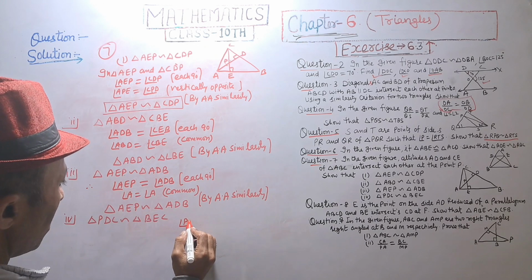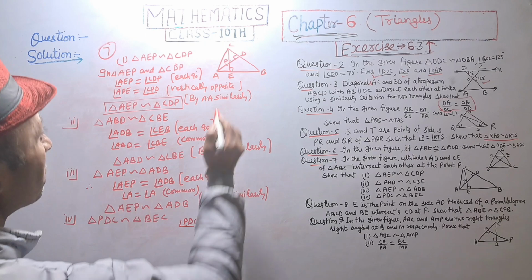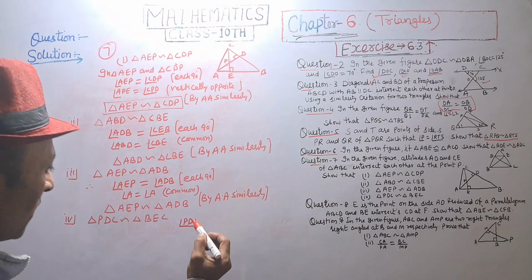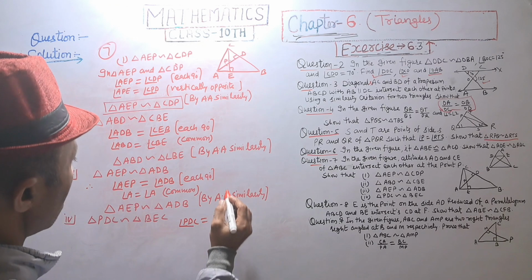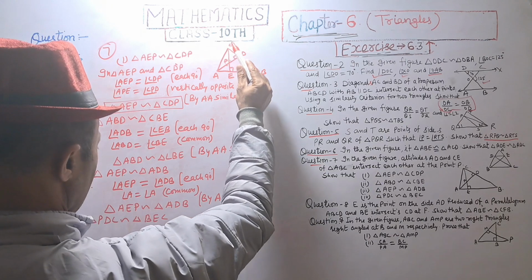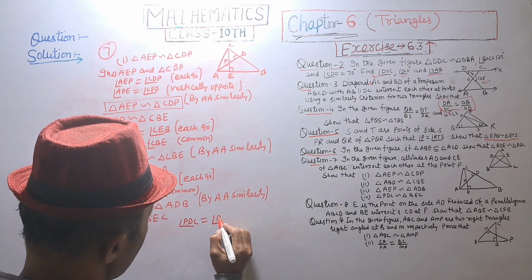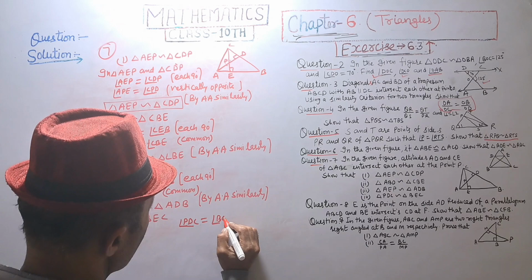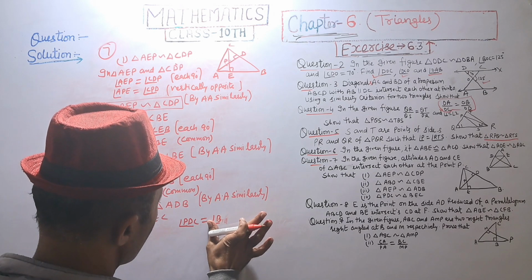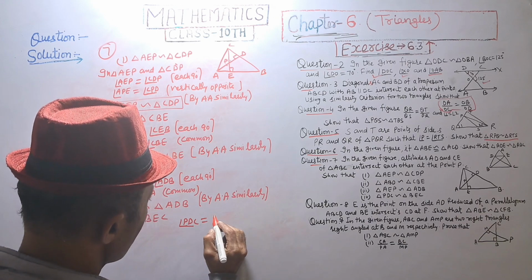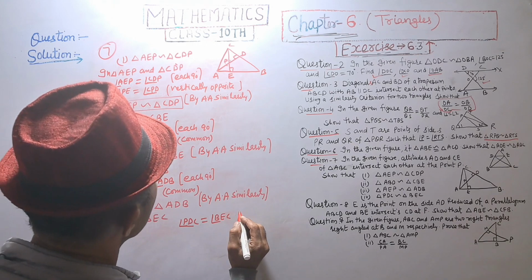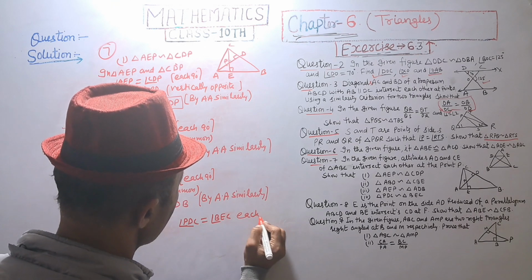Angle PDC is equal to angle BEC, each 90 degrees.